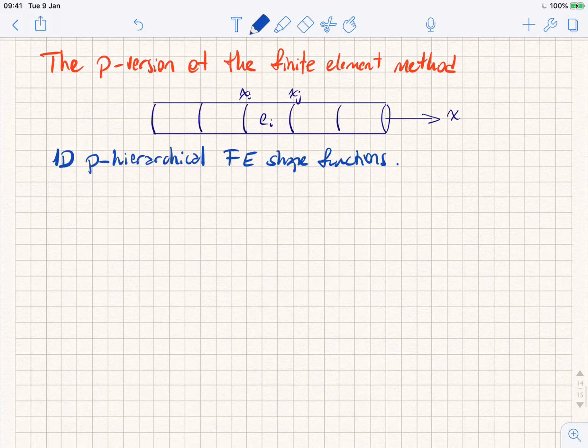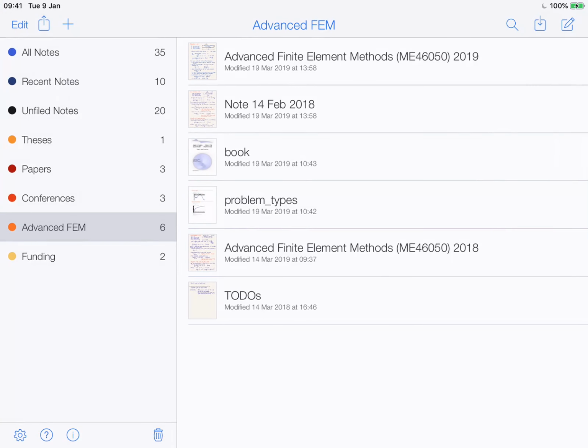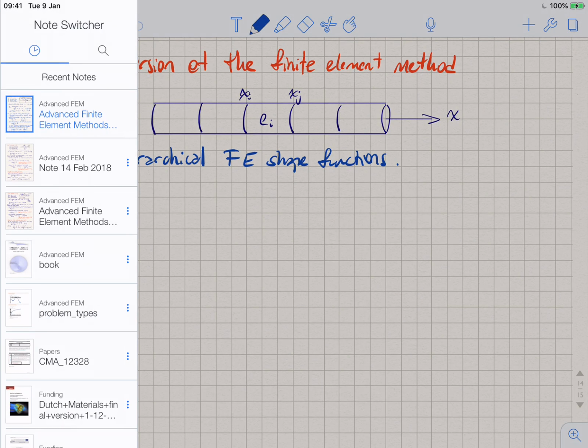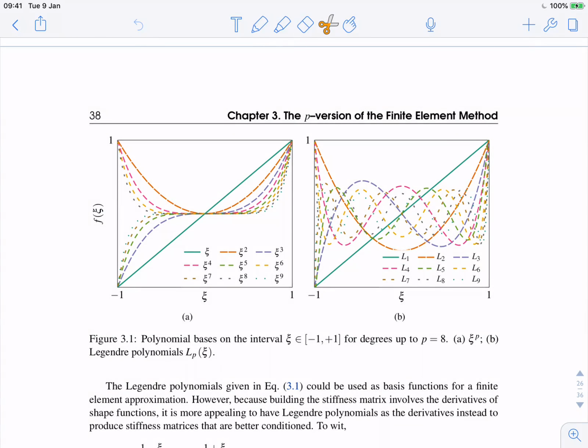And it is very important that you choose the right basis for p-FEM. And for that, let me look at the figure. I'm going to borrow this figure here from the book.